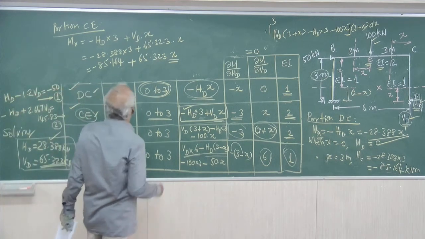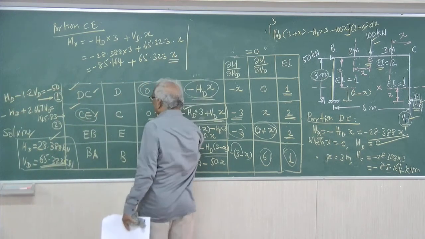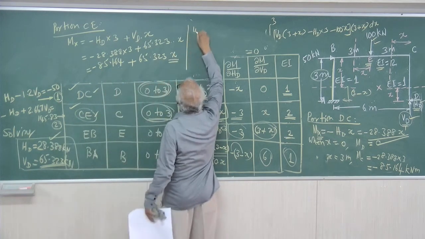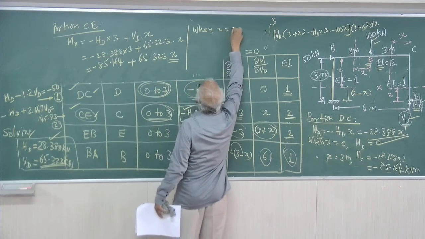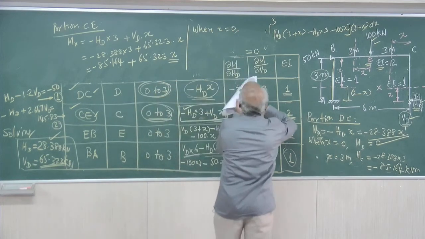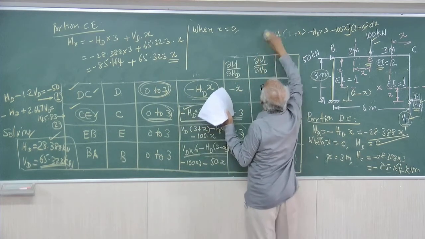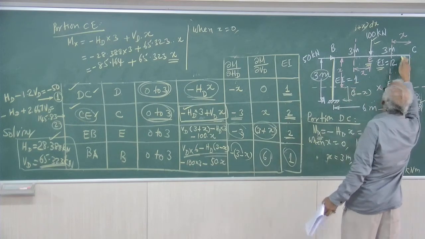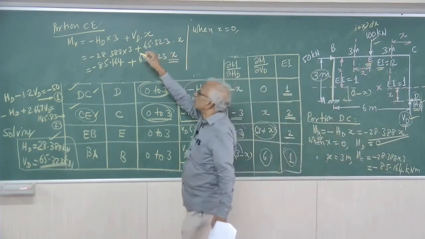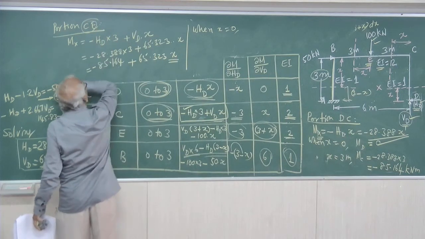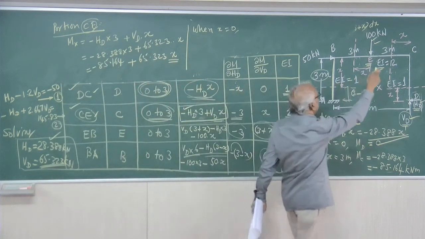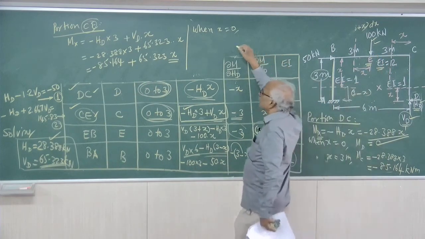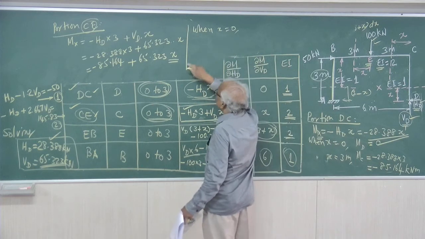Right. Now, this is the equation. In this equation again we have the limits 0 to 3 meters. So, when x is equal to 0, we are at the point C, because here x is measured from C. We have taken the equation for the portion CE. When x is equal to 3, we are at the point E. Therefore, when x is equal to 0, this value becomes 0.